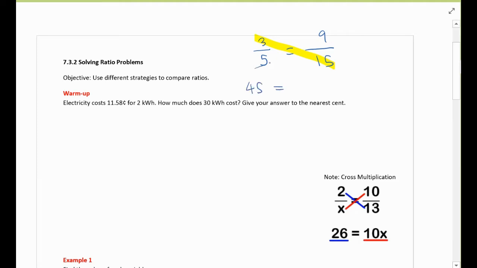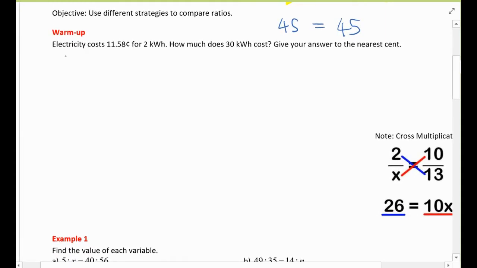And what about 5 times 9? 5 times 9 is 45. So when we use a different fraction, we can still do cross multiplication. 3 times 15 is the same as 5 times 9. Okay, so remember this.